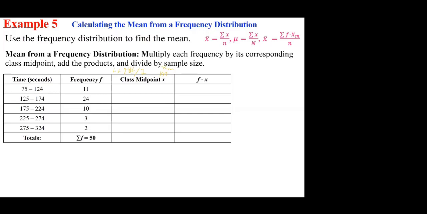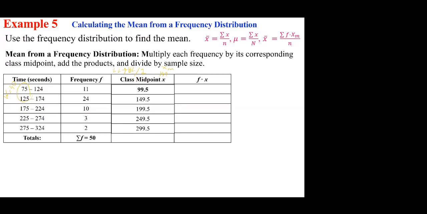And by the way, I hope everybody remembers that we can easily see, if we go this route, this is from before. The width is 125 minus 75, or 124 minus 75 plus 1 unit. And the width is 50. So if the first one is 99.5, the rest of them I don't have to calculate, I add them up. I add what? The width. So I hope you see all you have to calculate is the first one, 99.5. Then it's a simple addition of 50.